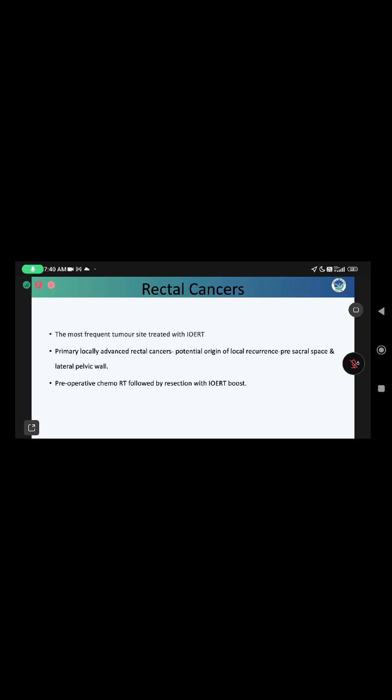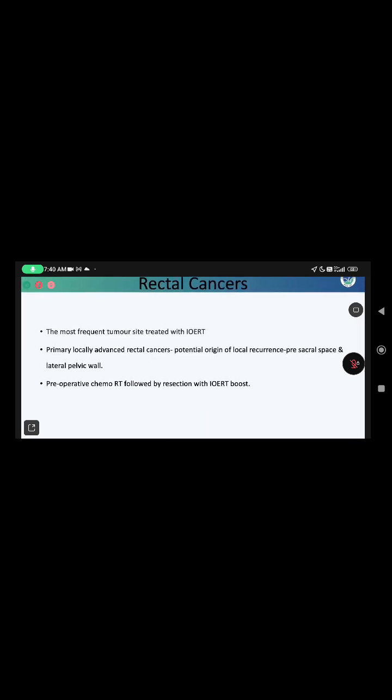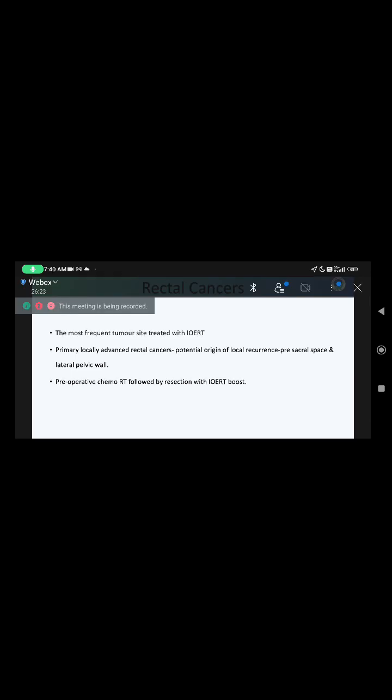Coming to the rectal cancers, these are the most frequent cancers treated with IORT. Especially the T3, T4 tumors, potentially locally advanced rectal cancers and potentially resectable cancers are the rectal cancers where IORT is indicated.